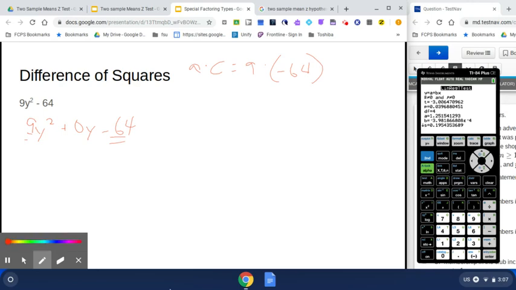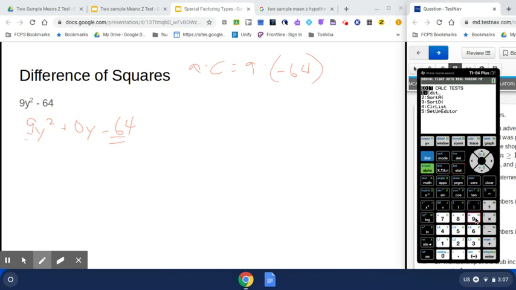If I do that on my calculator, because those numbers are kind of large, 9 times negative 64 gives me negative 576.